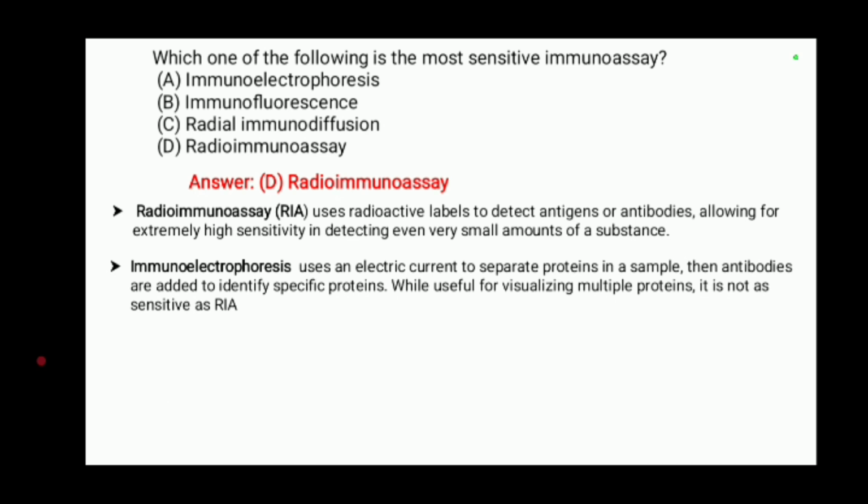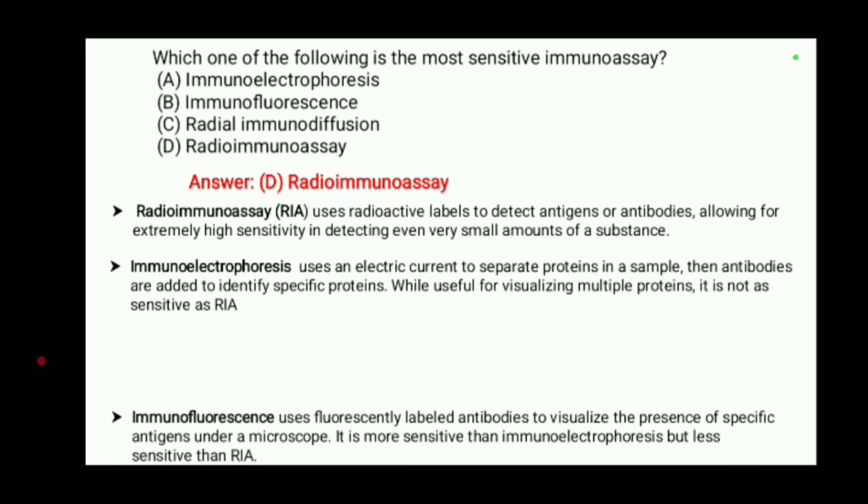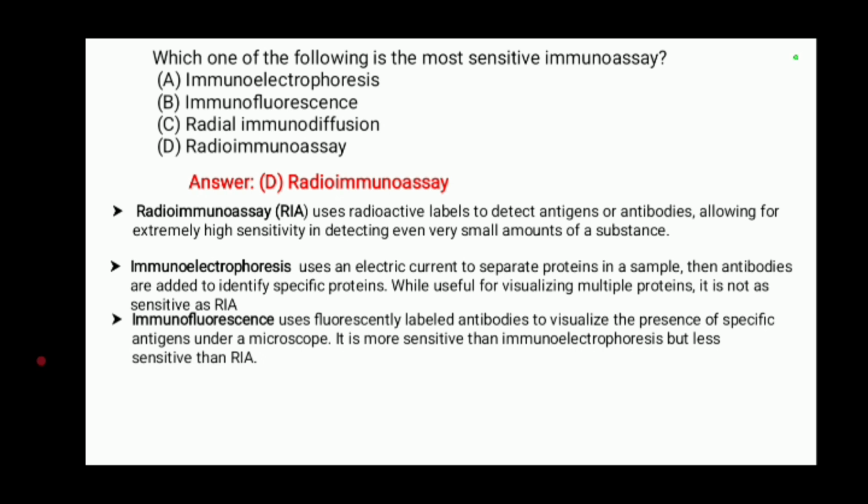Immunoelectrophoresis uses an electric current to separate proteins in a sample. Then antibodies are added to identify specific proteins. While useful for visualizing multiple proteins, it is not as sensitive as RIA. Next is immunofluorescence. It uses fluorescently labeled antibodies to visualize the presence of specific antigens under the microscope.